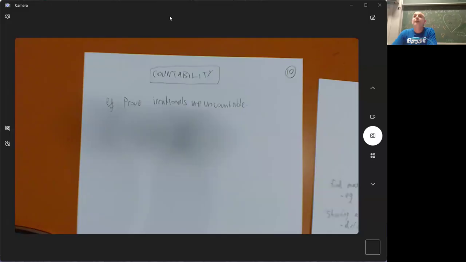Sorry? Is that because they're equinumerous from there? No, they just contain an uncountable set. So if a set contains an uncountable set, that's a thing that is true.